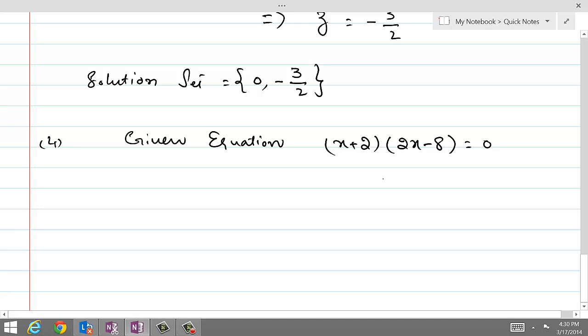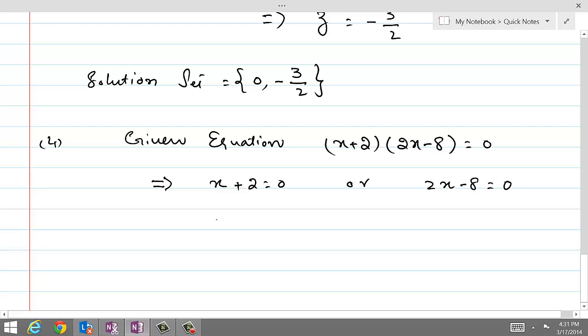The product of two real numbers is equal to 0. This means that one of these factors must be 0, because if both of them are non-zero, their product can never be equal to 0. Now because the product is given equal to 0, either x plus 2 is equal to 0, or 2x minus 8 is equal to 0.